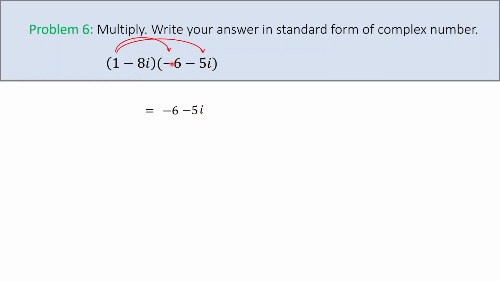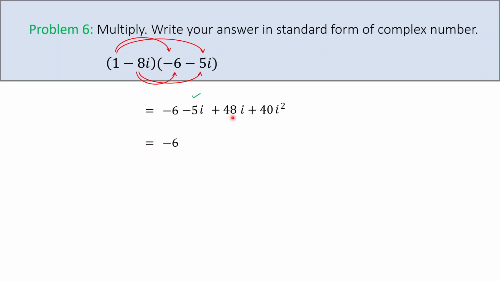Now this and this. 98 times 96 is positive 48 times i. Now this and this. Negative 8 times 95 is positive 40. i times i is i squared.